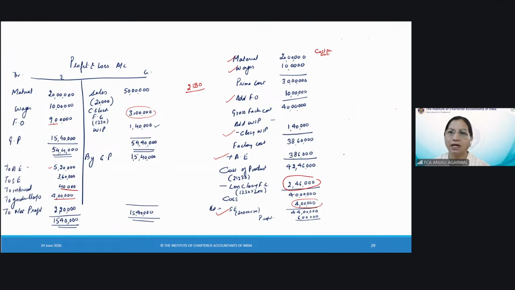So I'll have 20 lakh divided by 21,230. So it's costing me 94.21 for the material. For wages, it will cost me exactly half, 47.10.